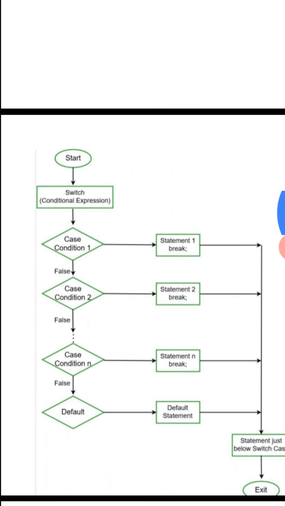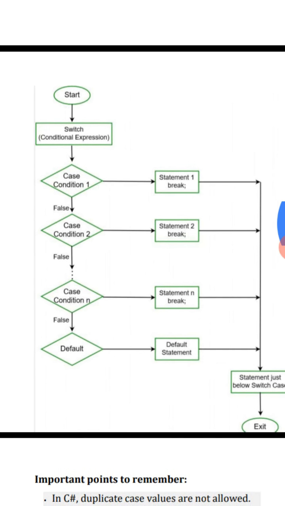See the flowchart of the switch case. Start, switch conditional expression, case condition 1. If case 1 is true, then go to statement 1, break. If case 1 is false, then go to case 2.